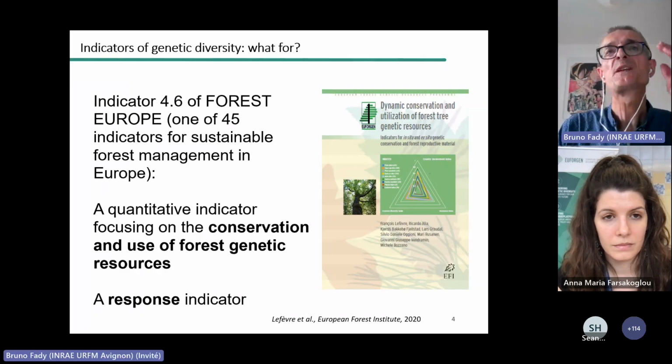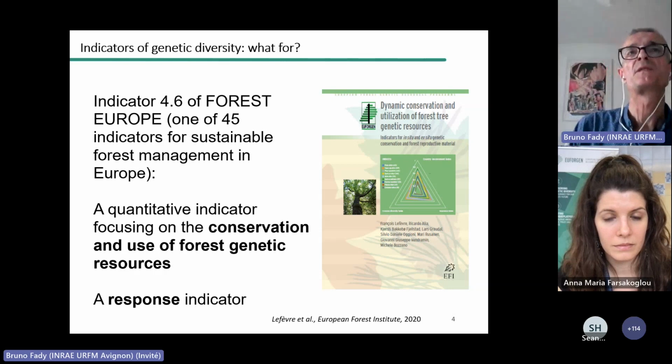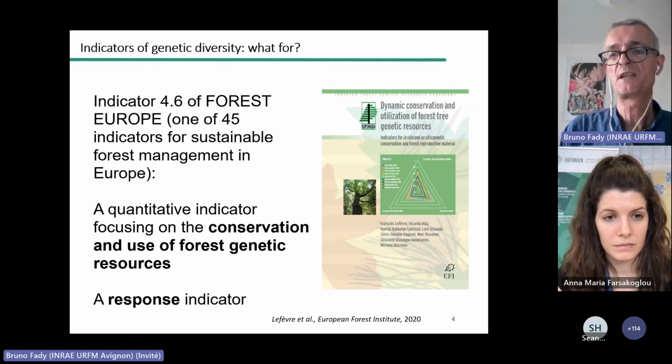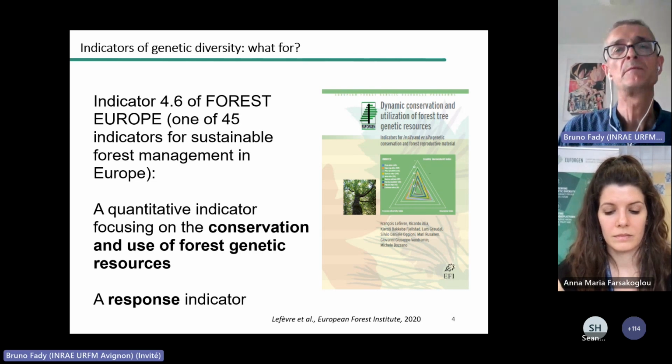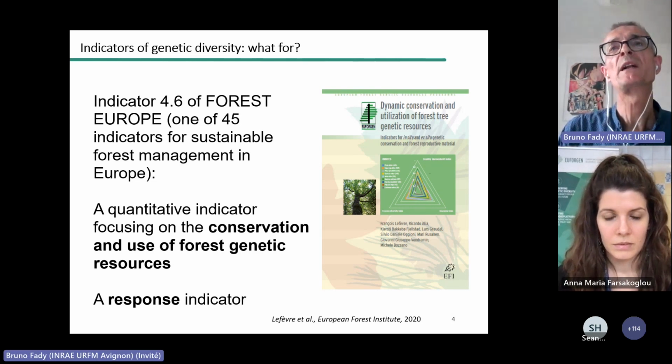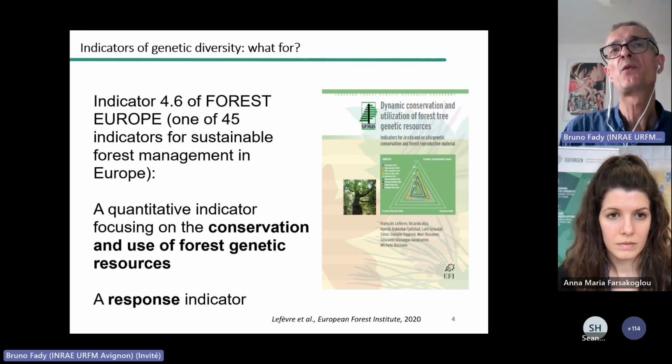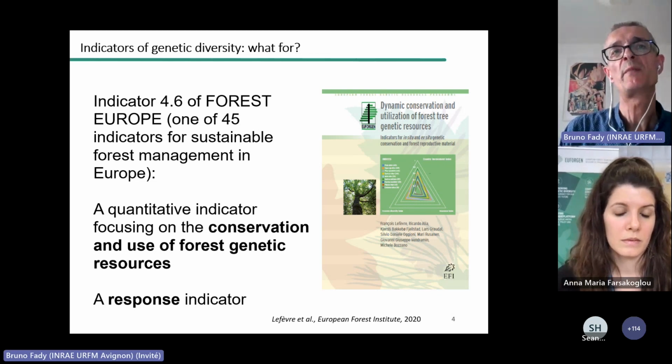I would like to present what is done in Europe in terms of an indicator of genetic diversity. It's part of Forest Europe, the pan-European sustainable management of forest systems in Europe, which has created 45 indicators for sustainable management.